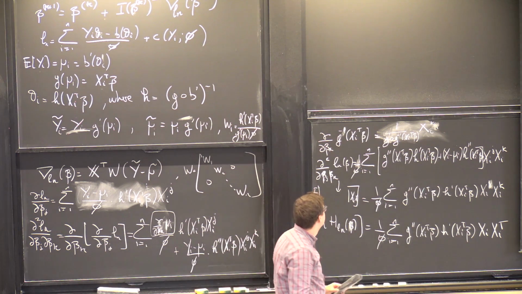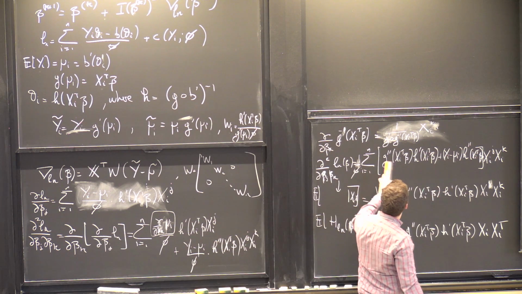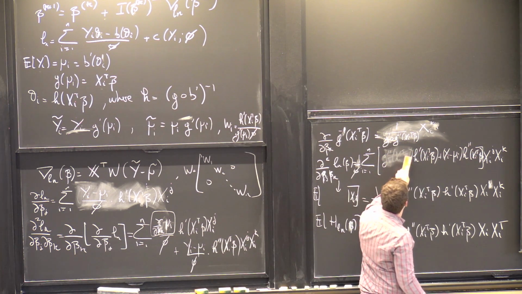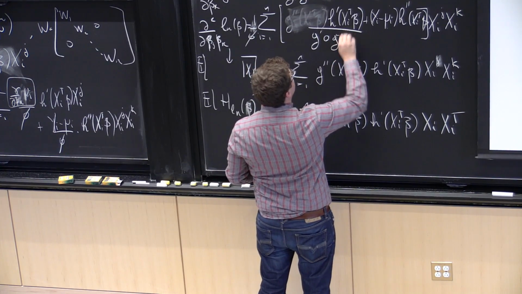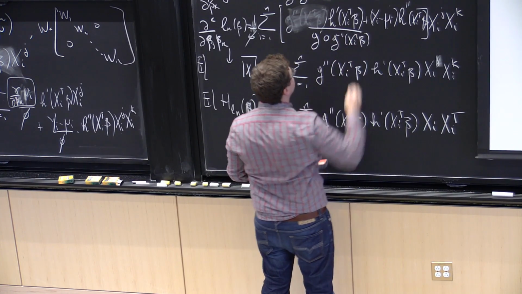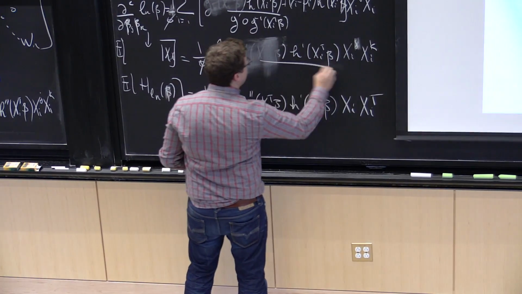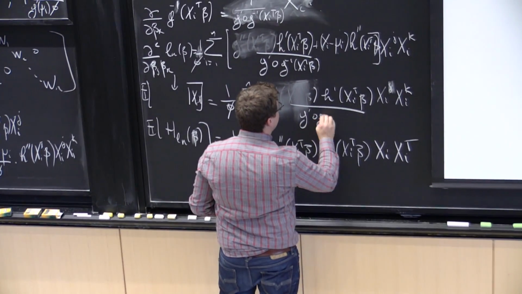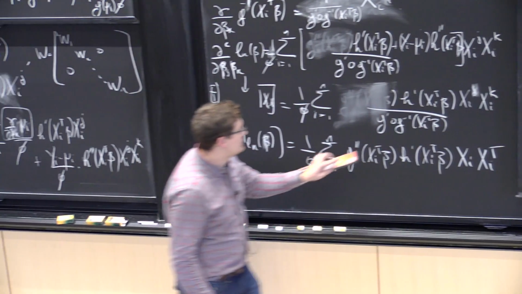All right, so now I'm going to have to rewrite this. This guy is still going to go away. It doesn't matter, but now this thing is becoming h prime over g prime of g inverse of x_i transpose beta, which is the same here.